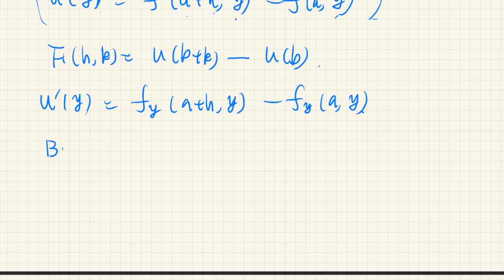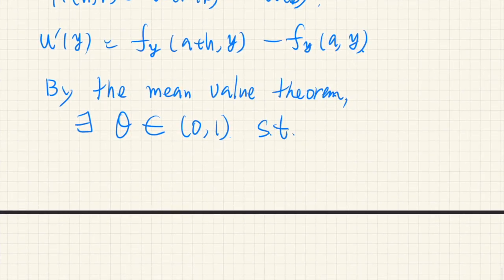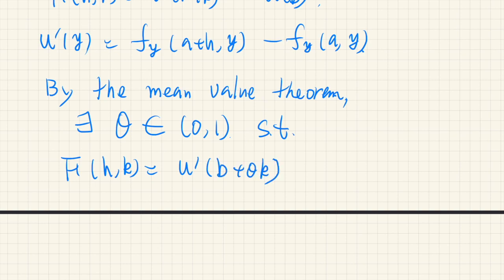By the mean value theorem, there exists some constant theta between 0 and 1 such that f of h, k is equal to u prime of b plus theta k times k.